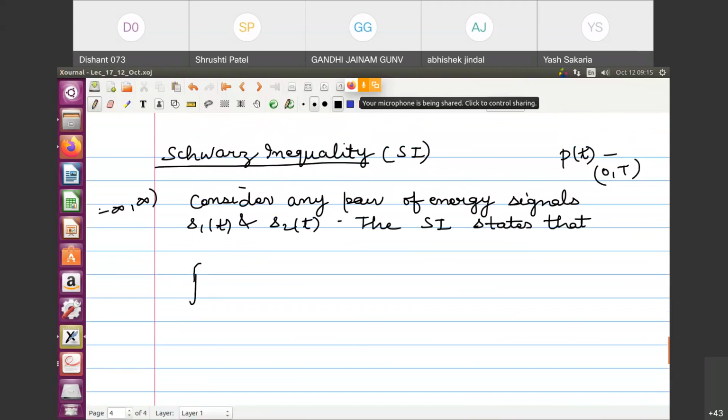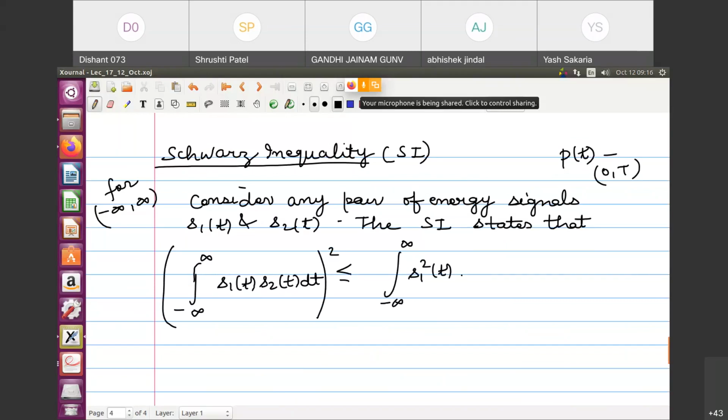It states that the integral from minus infinity to infinity of S1(t) into S2(t) dt, and we take the square, is less than or equal to the integral from minus infinity to infinity of S1 square t dt into the integral from minus infinity to infinity of S2 square t dt.